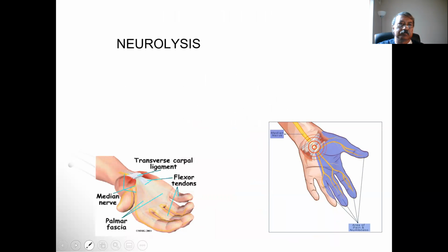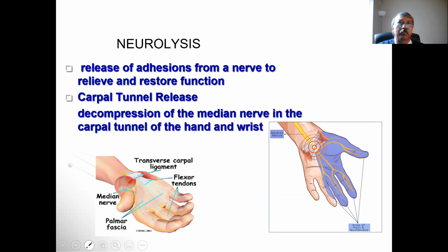Carpal tunnel is a very common problem with people who are working on the desktop with the keyboard, or receptionists. They have this problem after long-term monotonous use of the hand.